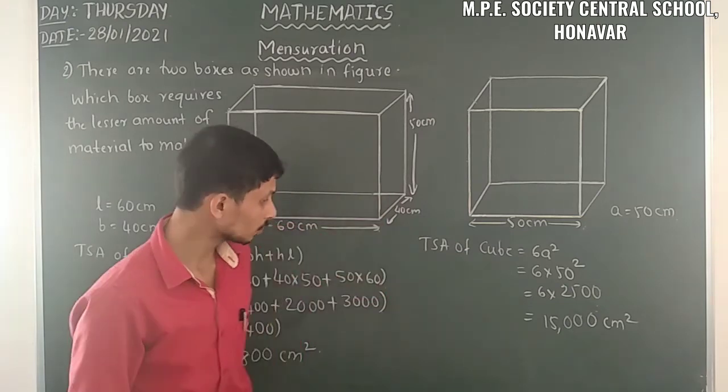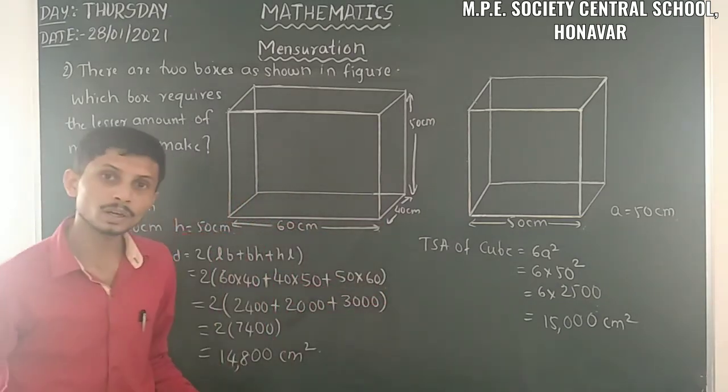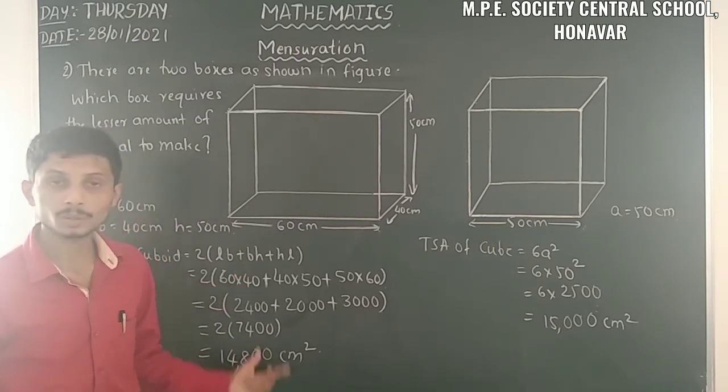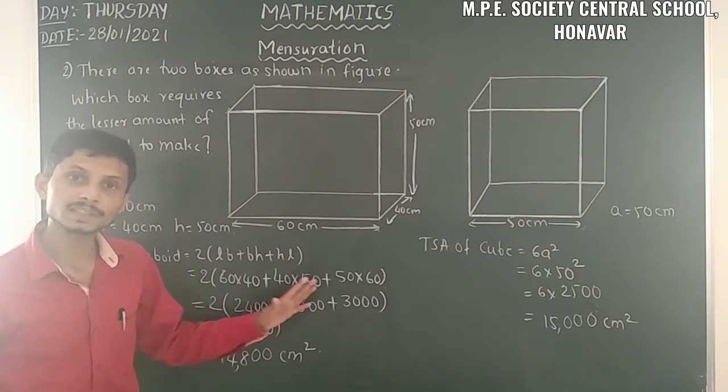So which one is the lesser here? It is 14,800 and 15,000. So 200 centimeter square differs here. In the case of cuboid, the lesser material is required.